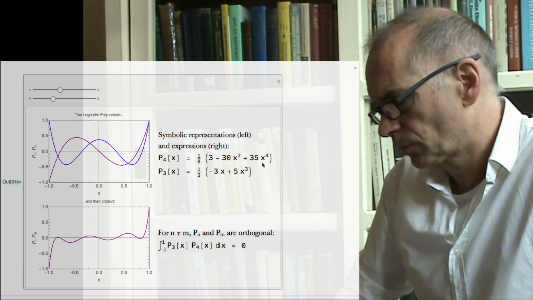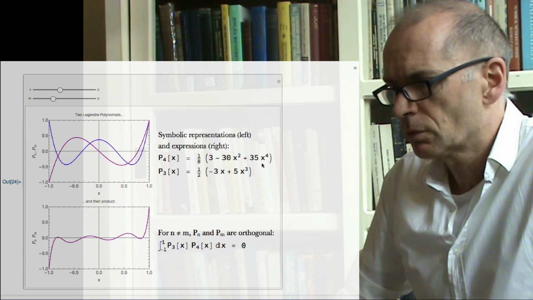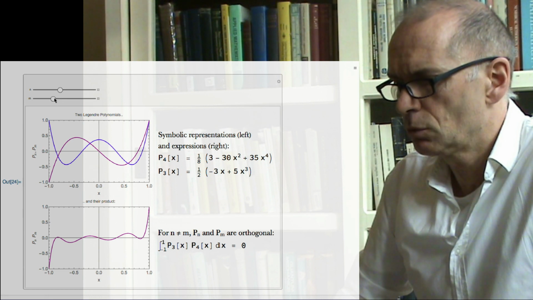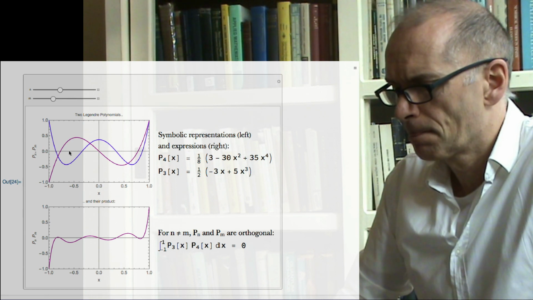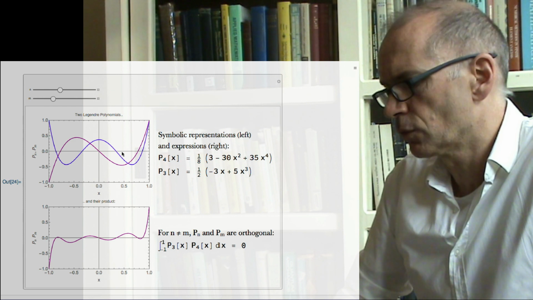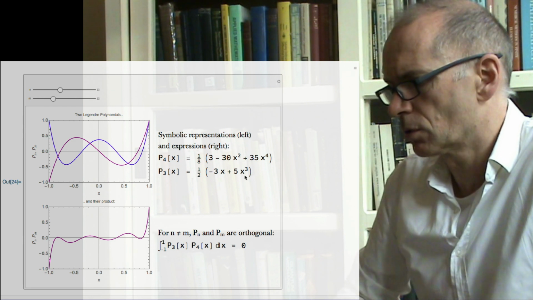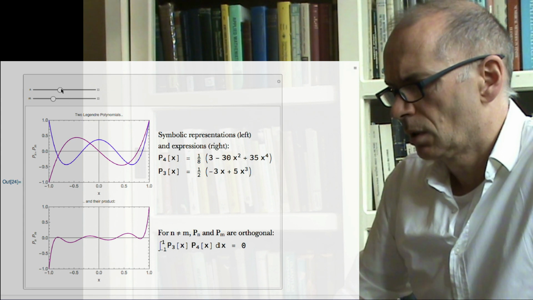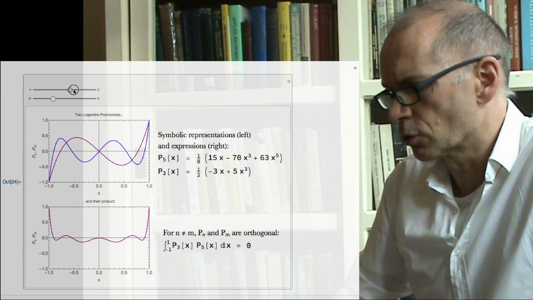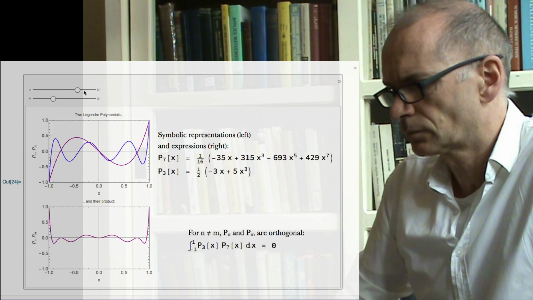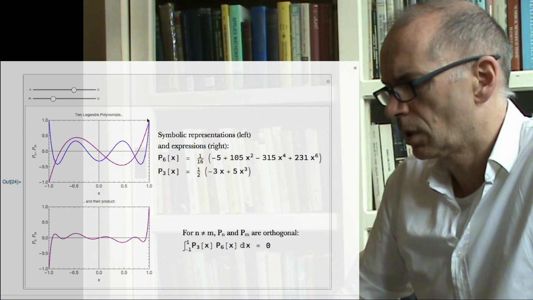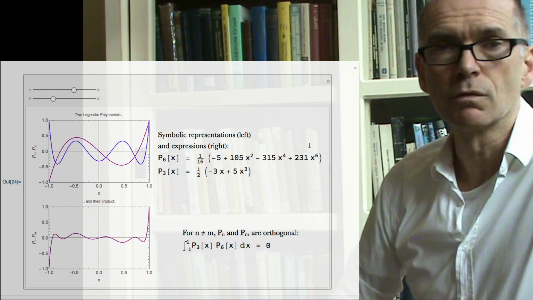Now, so they are orthogonal, so in the top plot, I can pick two values of n and m, and then I get here the graphs of those functions, and their expressions occur at the right. So you see, for example, if I have an even value of n, 4 or 6, then you get polynomials that have only the even powers of x, so they are even functions.